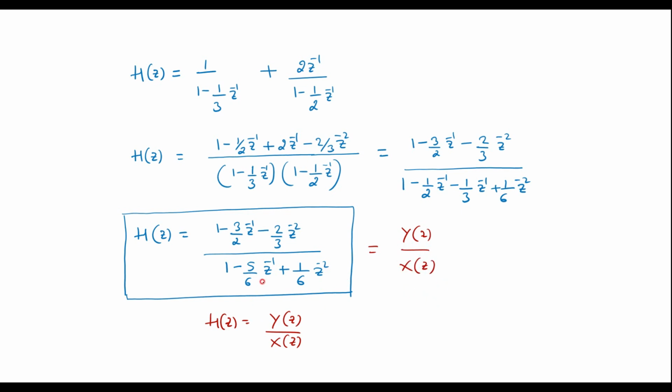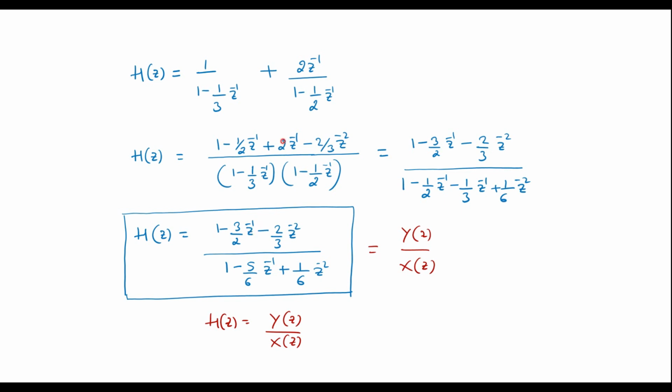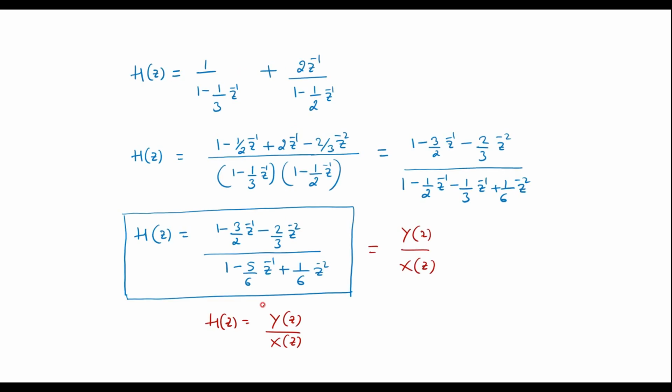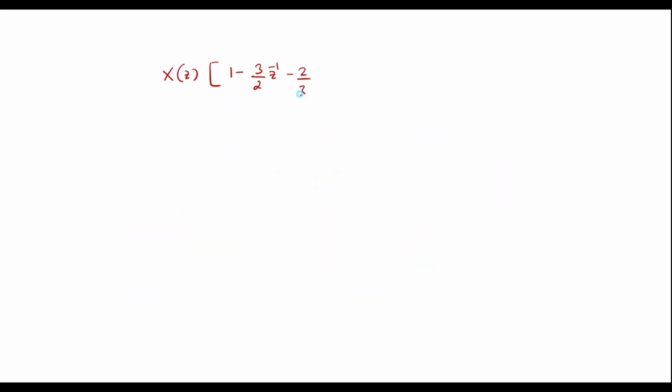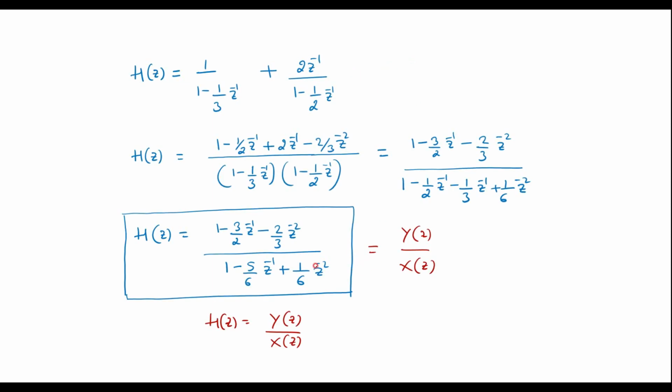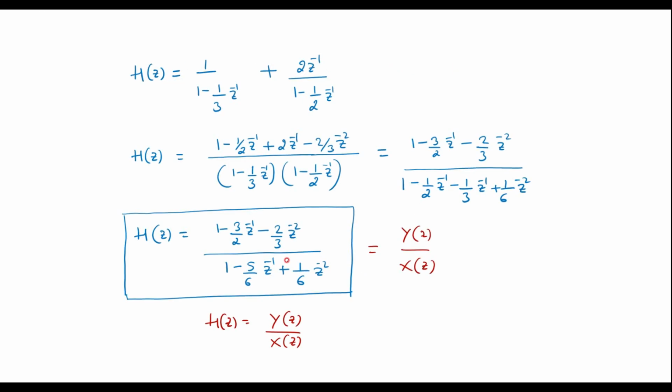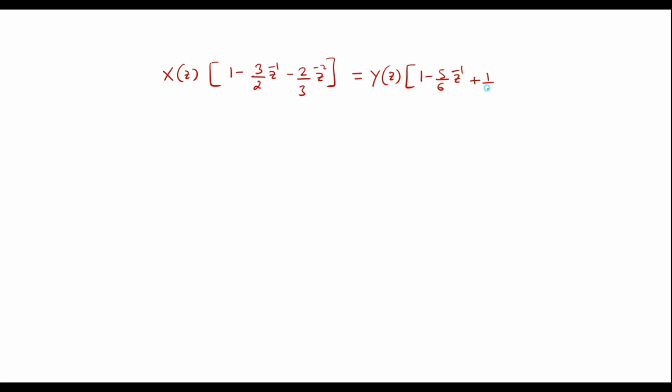Cross-multiplying, I can represent it as X of z into the numerator, 1 plus 3 by 2 z power minus 1 minus 2 by 3 z power minus 2, equal to Y of z into 1 minus 5 by 6 z power minus 1 plus 1 by 6 z power minus 2.